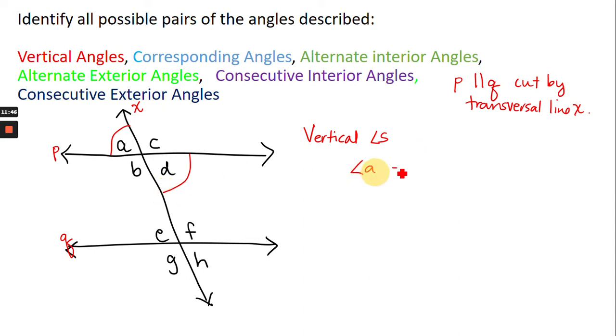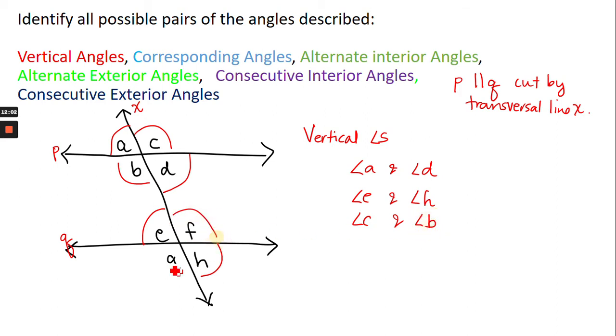What else? Angle E and angle H. Angle C and angle B. Angle F and angle G. Okay, those are all vertical angles.